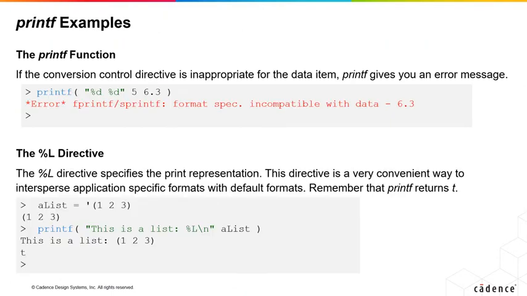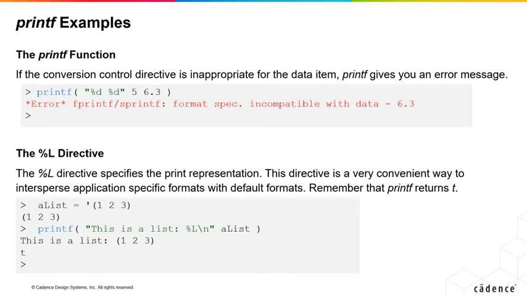Here are several printf examples. First of all, we'll look at the printf function set up with incorrect input. What will happen then is we'll get an error message. So in this case, we say printf, and the format control string is %d%d, which means we're expecting 2 integers.